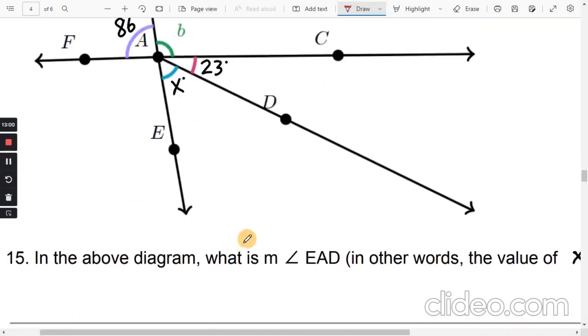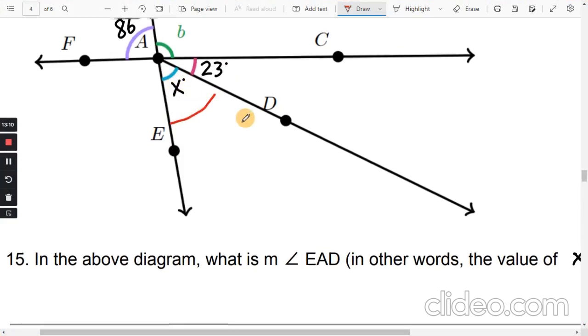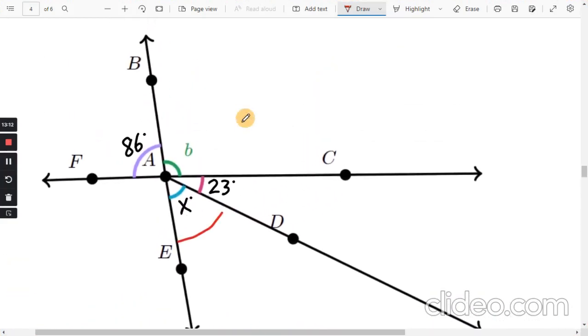All right, number 15, we're looking for EAD. So this is EAD right here. That's this angle. Okay, so in other words, we're just solving for X. And I can see vertical angles already. If you see this straight line here and this straight line here, therefore, if this one is 86, the one over here, that whole thing is also going to be 86.